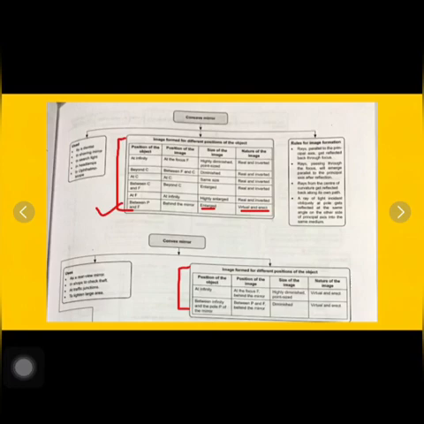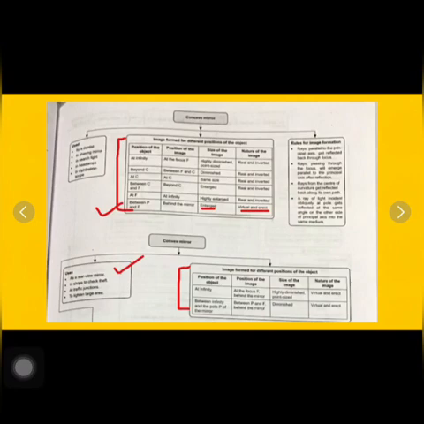So in case of a convex mirror, the size of the image will always be diminished and the nature will always be virtual and erect. It is basically used as a rear view mirror because, first, it forms a highly diminished image of the traffic moving behind the vehicle.